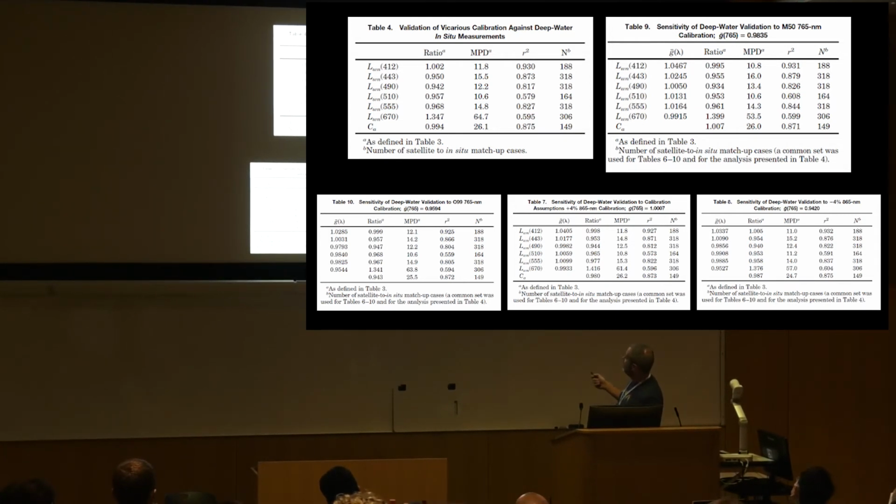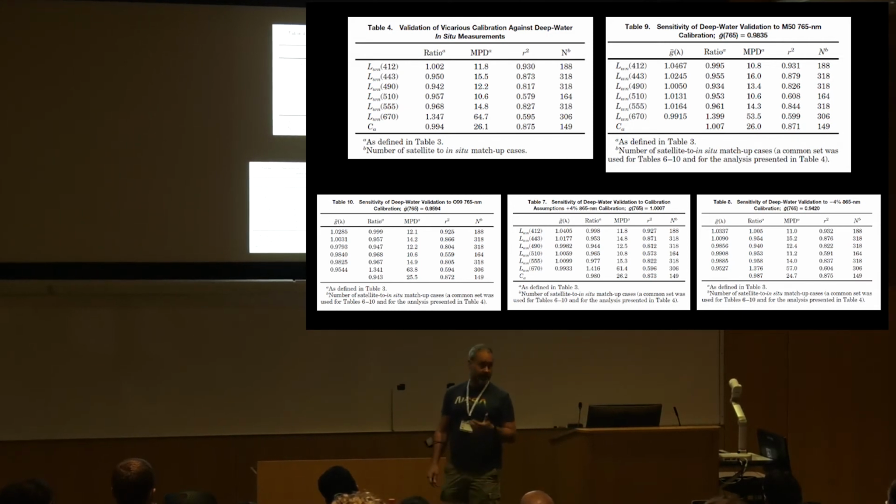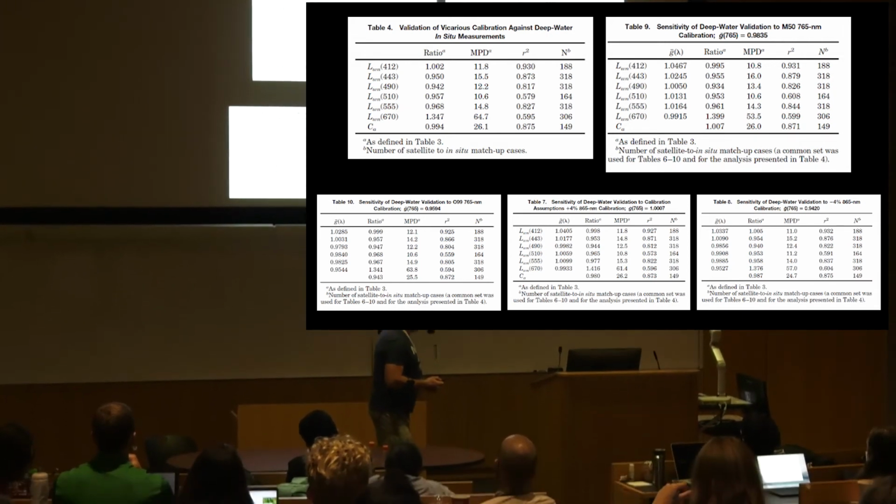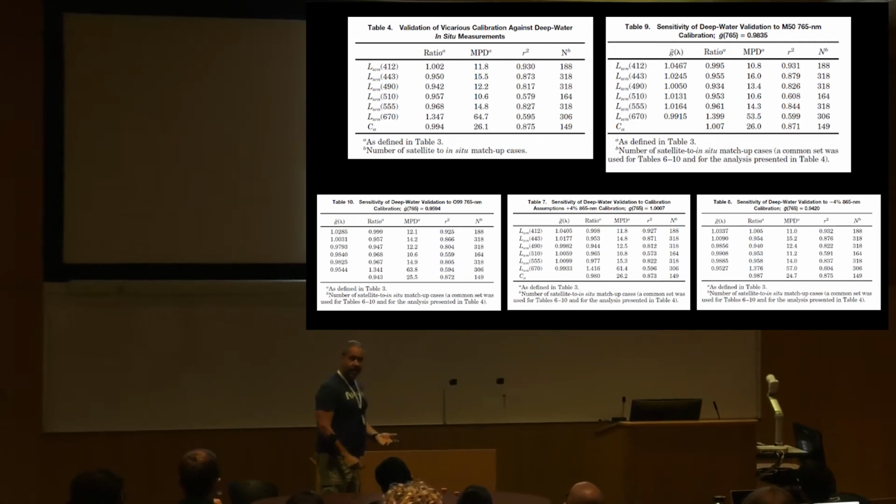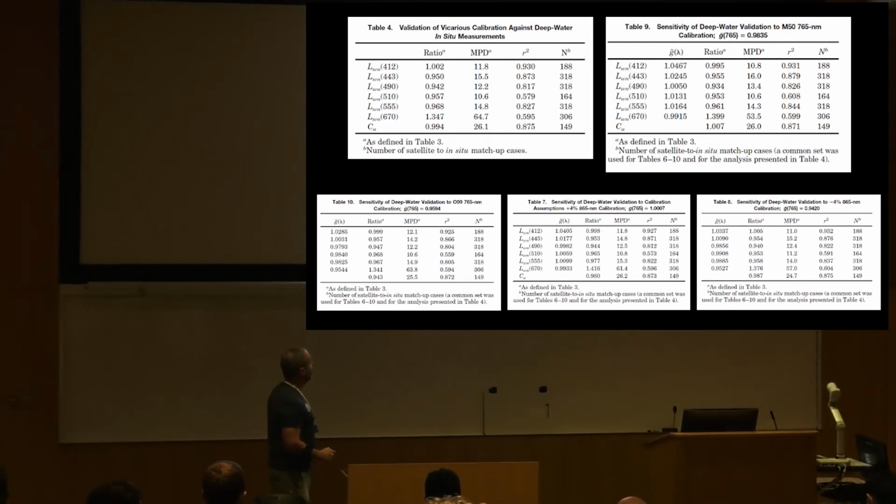The reason I included this is, one, to let you know that these kinds of sensitivity analyses can be done and are valuable. But at least for me, having not thought about this for a couple of years, when I was putting the presentation together, I was like, what do I want to say here? I think what it really tells me is that the system is insensitive: if you're a little wrong in your assumption of what the aerosol model is in the near-infrared in the South Pacific gyre, you're not going to get hurt too badly.